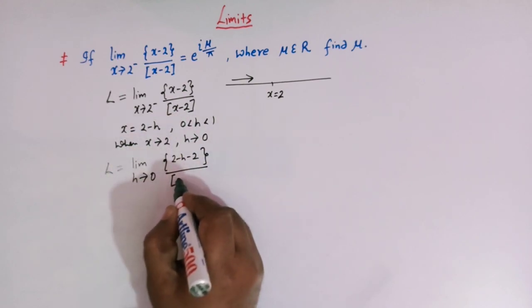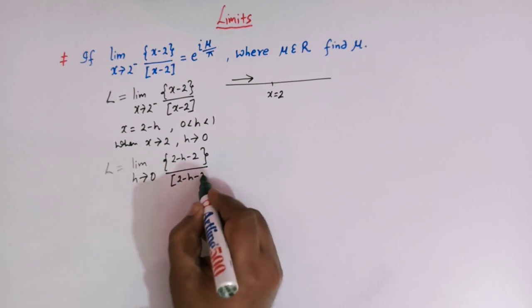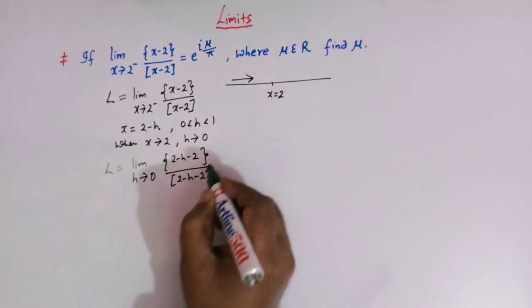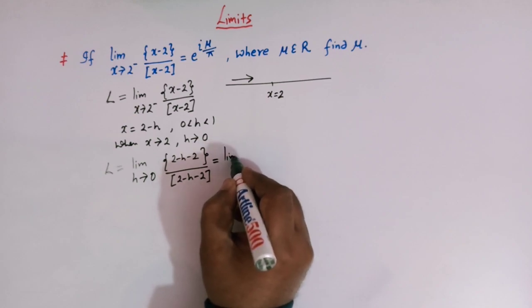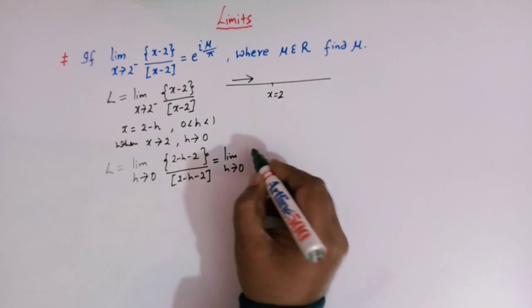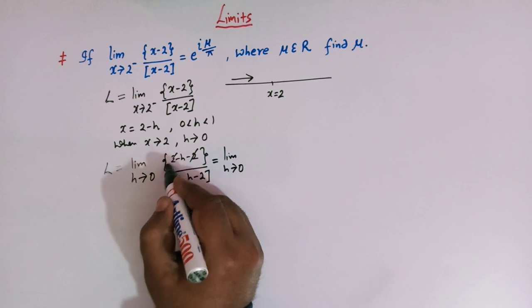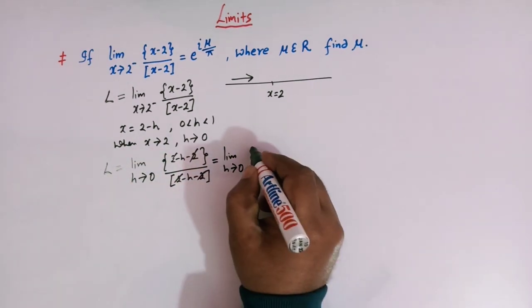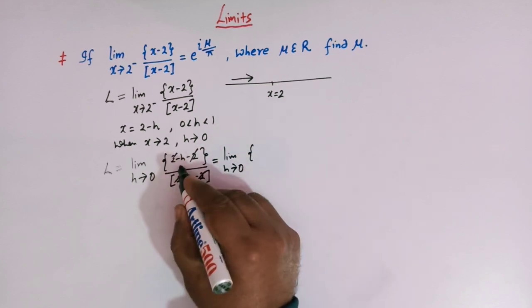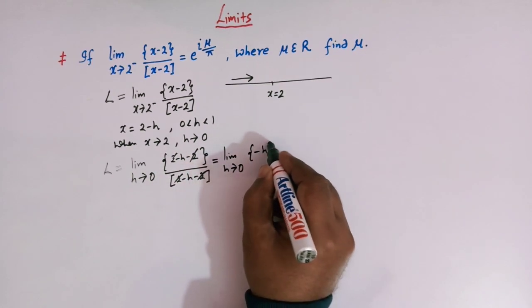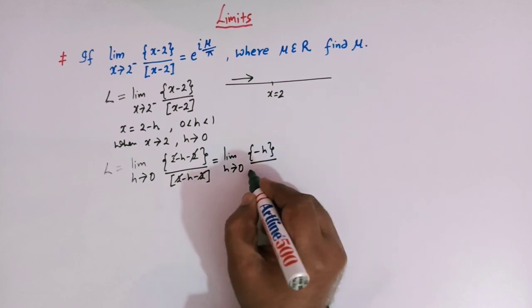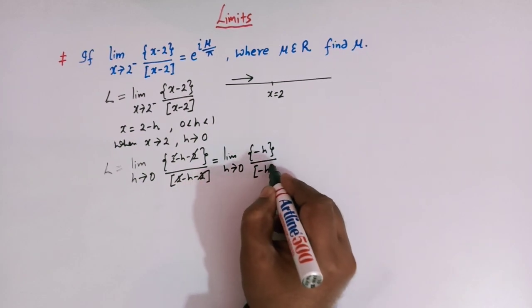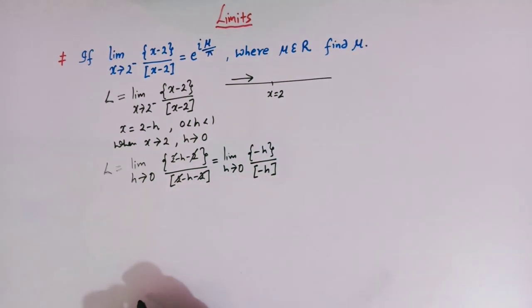So for x we have 2 minus h minus 2, right? So let us simplify it. So we have limit h tends to 0, and here this 2 and this 2 get cancelled. Here also this 2 and this 2 get cancelled, and we have fractional part of minus h divided by greatest integer of minus h, right?